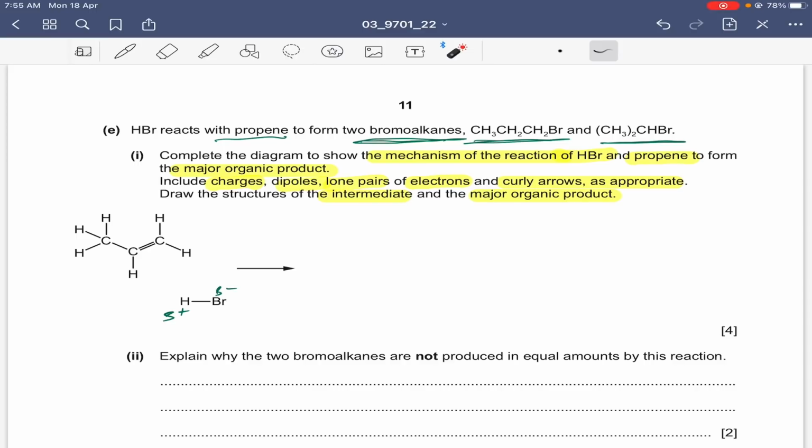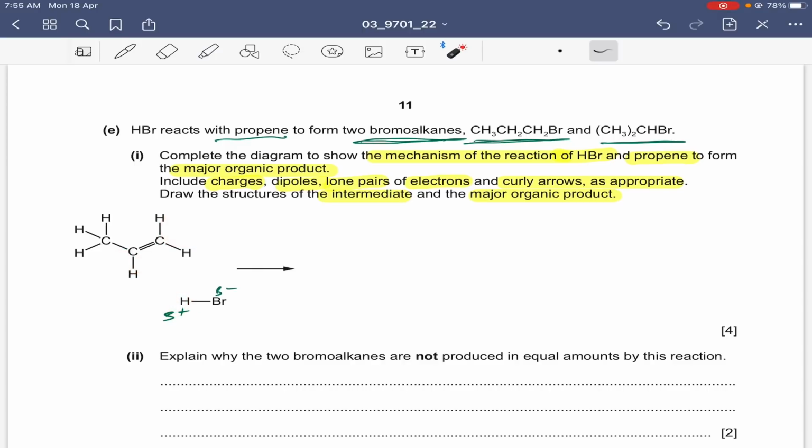But they have asked us to draw the mechanism for the major organic product, right? So if H goes to this carbon, this will gain a positive charge, and that means it is a secondary carbocation, because it is directly attached to two carbon atoms. And if H goes to this carbon, this gains a positive charge and is a primary carbocation, because it is directly attached to only one carbon.